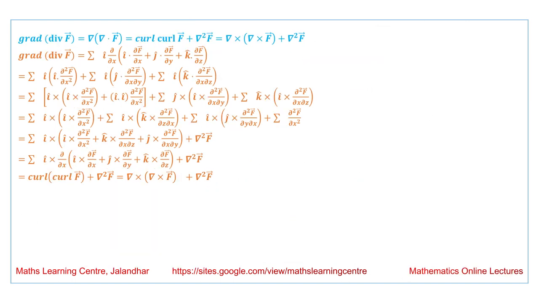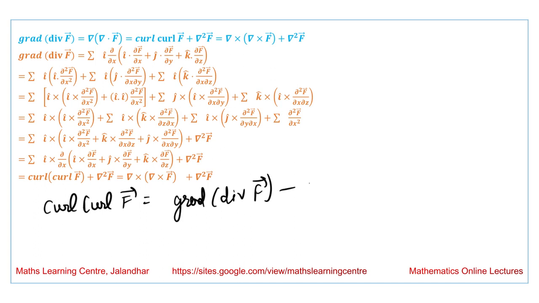So in the previous slide we proved that curl of curl of f vector is equal to gradient of divergence of f vector minus del square f vector.